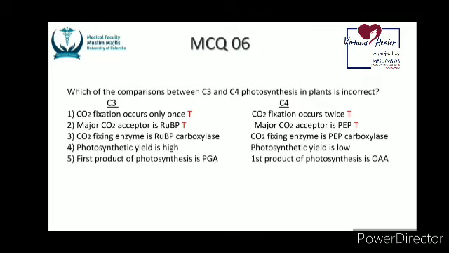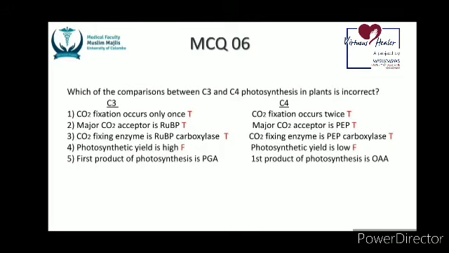These two statements are also true. The fourth statement, in C3 pathway, photosynthetic yield is high. In C4 pathway, photosynthetic yield is low. This statement is false. In fact, the photosynthetic yield is high in C4 pathway and the photosynthetic yield is low in C3 pathway.